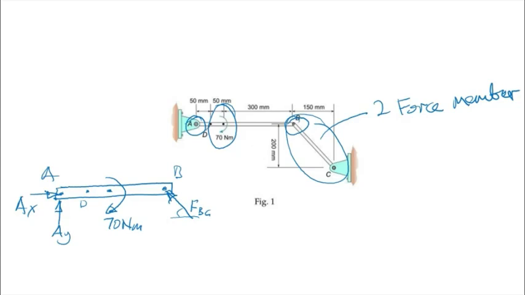If you take moments about A, so the first step is taking moments about point A equal to 0. You'll find that you only have this 70 Newton meters clockwise. We can just assume clockwise is positive, so we have 70 Newton meters.